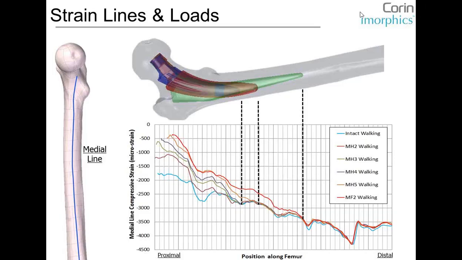The comparison of the implants is relative to the intact model. Now, in the ideal case, you want the implant to respond exactly like the intact model. This will prevent the bone remodeling response observed in the bone, and therefore loosening or deposition of bone in different regions of the bone, which you don't want.